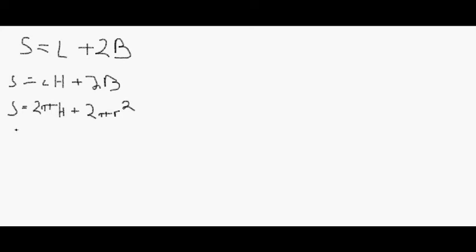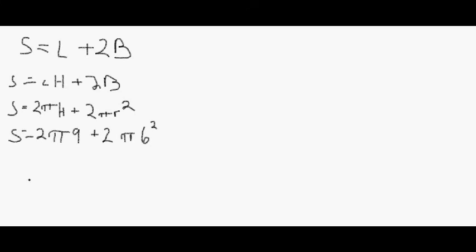So we have S equals 2 pi h, which is the length, which is 9, that's the height, plus 2 pi r squared. The radius is 6 here, so 6 squared.